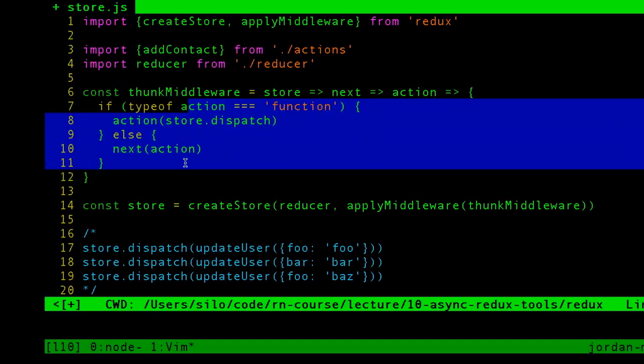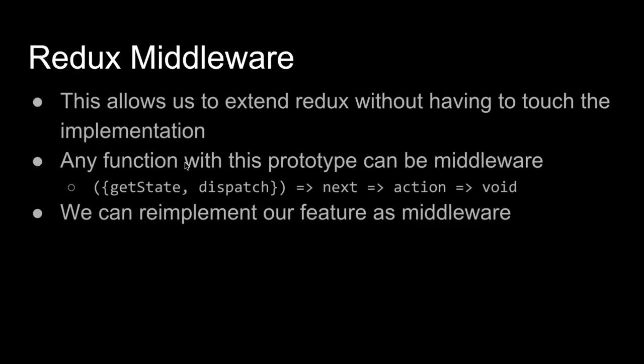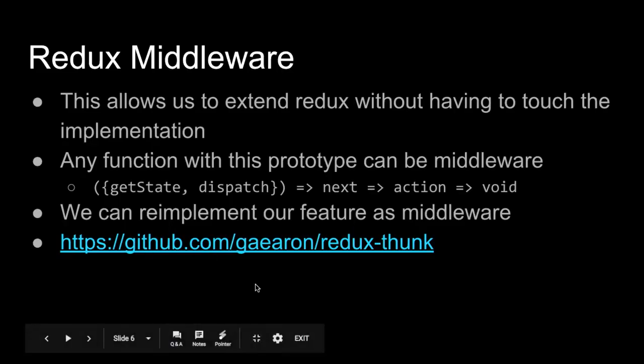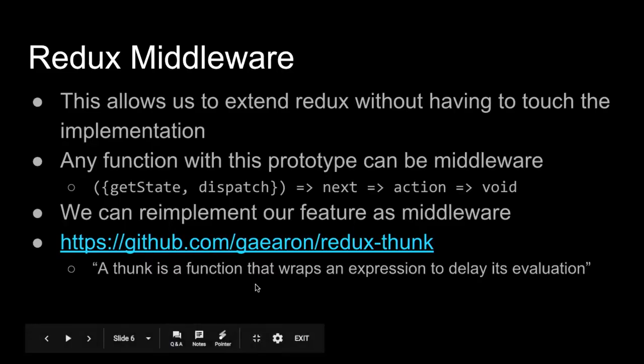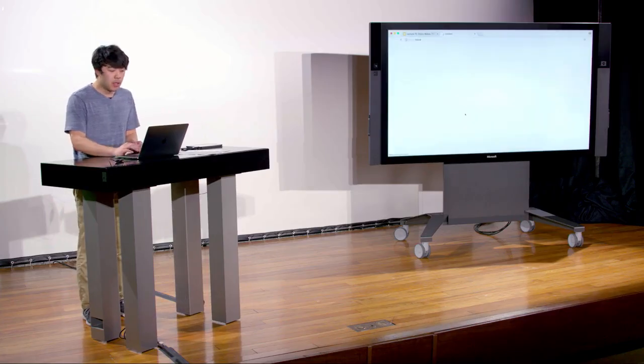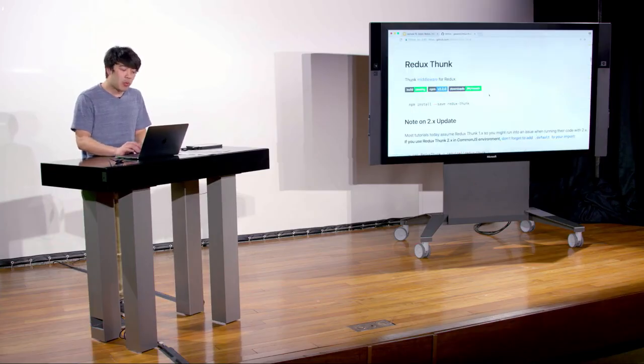And actually, this is not a problem that we're the first ones to run into, believe it or not. There's actually a library called Redux Thunk by a man named Dan Abramov, who implemented a very similar thing. If you look at the README, he explains that a thunk is a function that wraps an expression to delay its evaluation. That's just why he happened to name the package Redux Thunk. And if we open the page, we can see a few things.